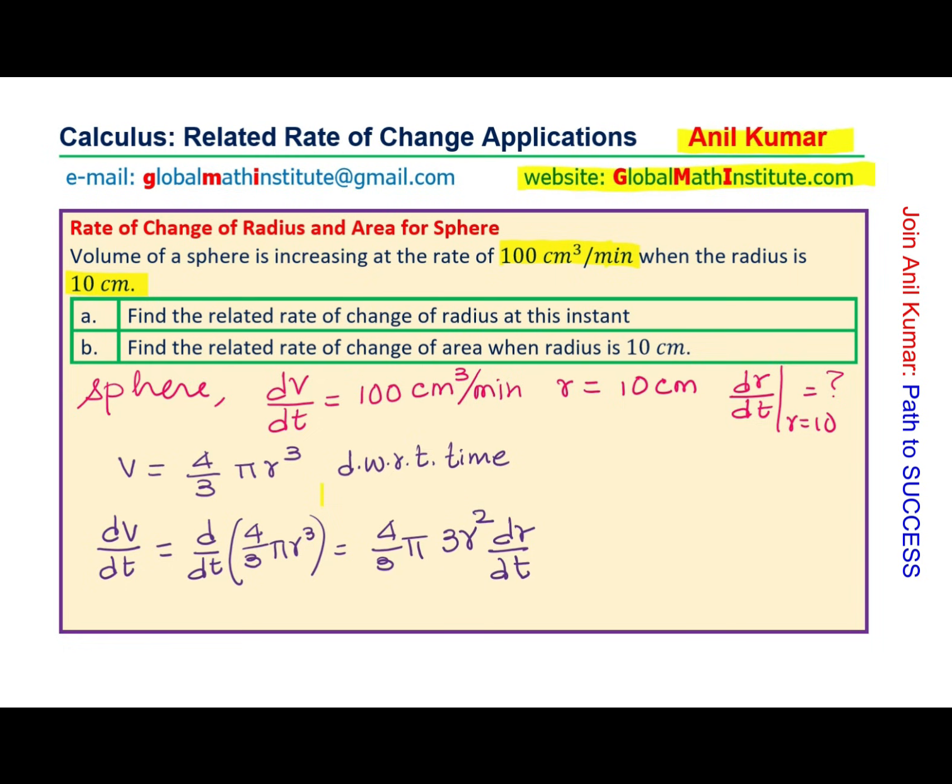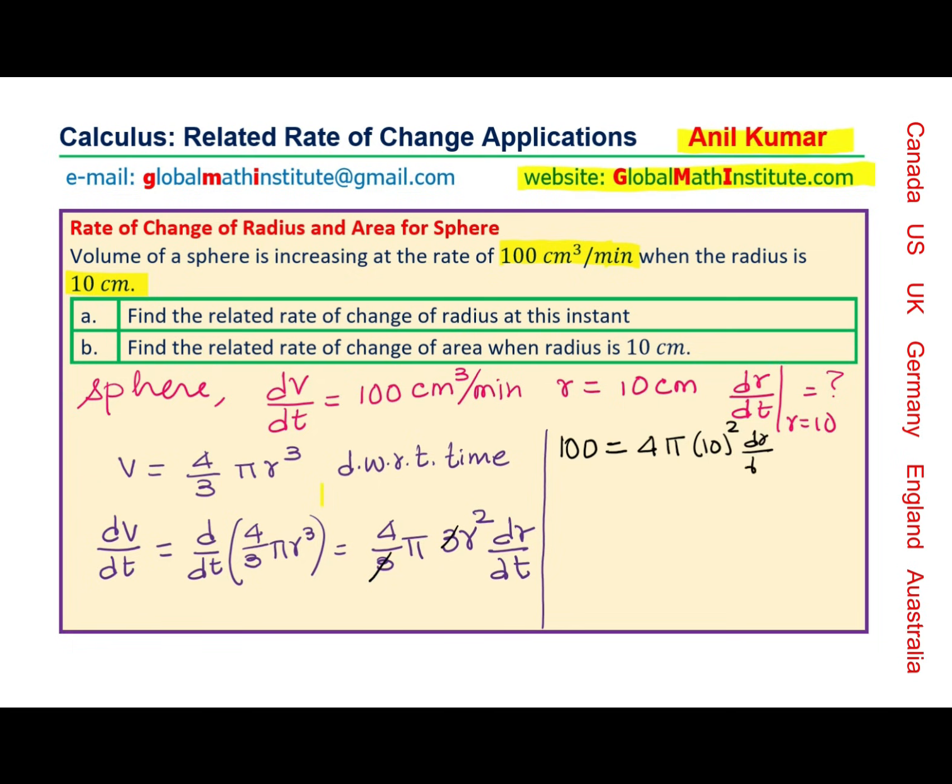So from here, we can find what is dr/dt at the given instance. At a given instance, we know that the rate of change of volume is 100. So let's put in the values, right? So the values are 100 for dV/dt and 4 by 3, 3 and 3 cancel. So we have 4 pi r square, right? So 4 pi r square, r is 10, 10 square, and dr/dt, correct?